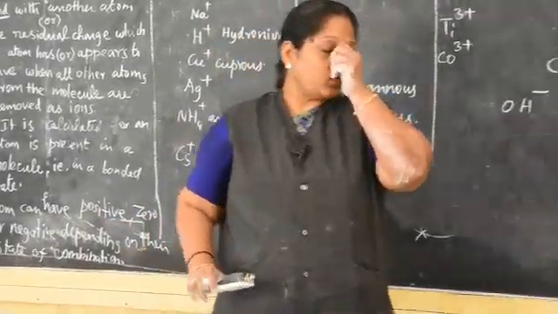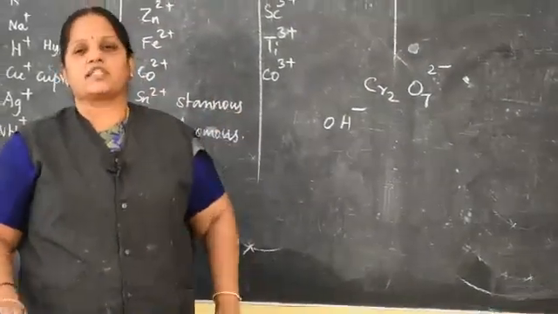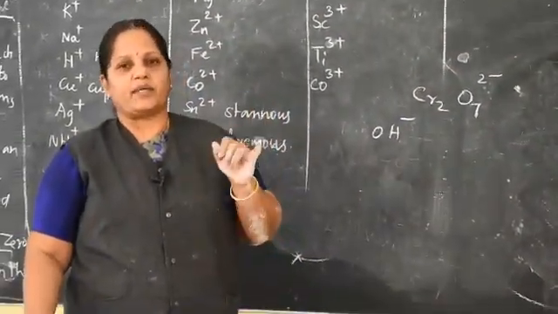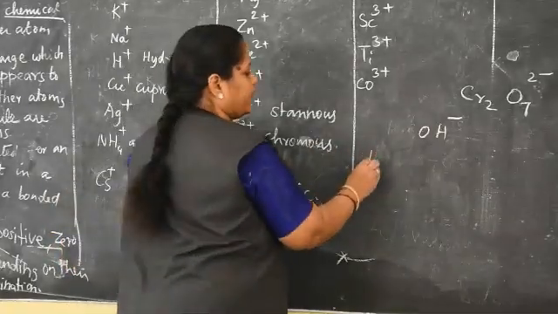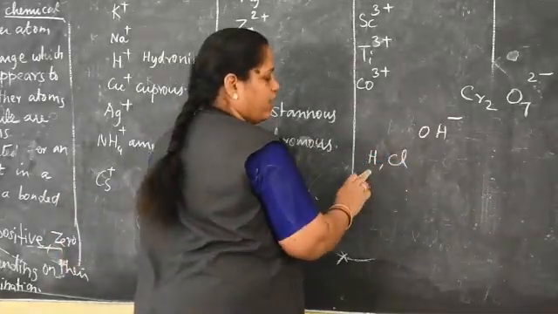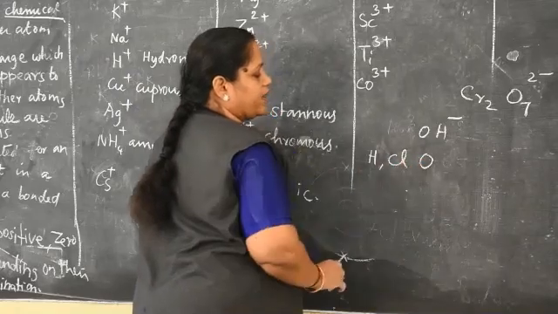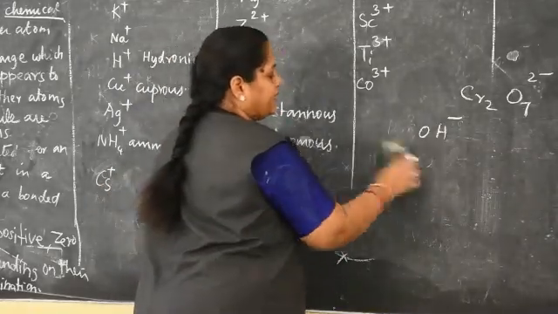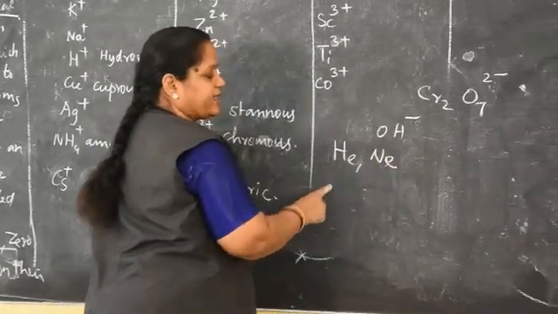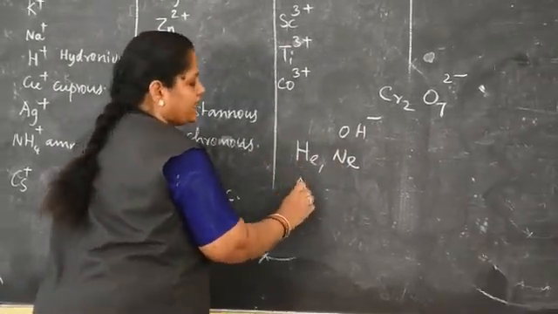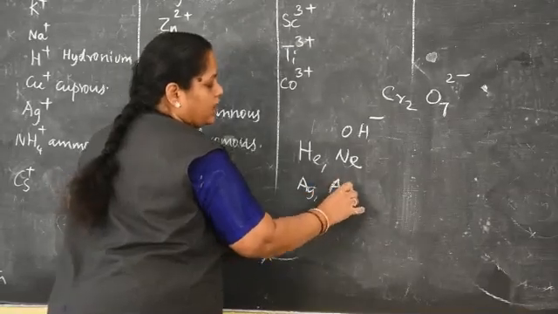So what is the rule assigned for writing the oxidation number? Any atoms present in free form like hydrogen atom, chlorine atom, oxygen atom, helium, neon, these are the elements, silver, gold, copper.